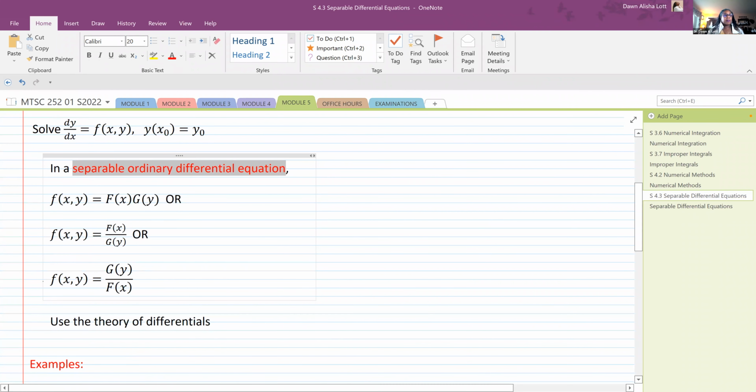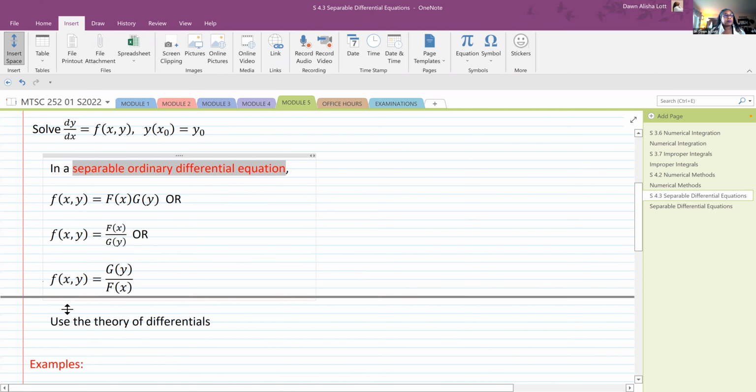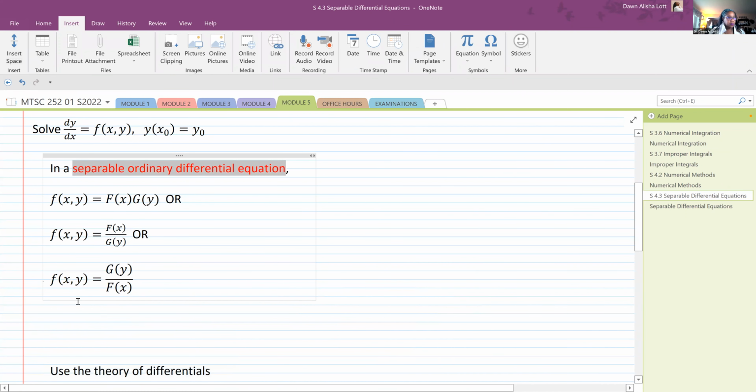All right. So for example, f of x, y equal to x times y, what we just did, is separable.